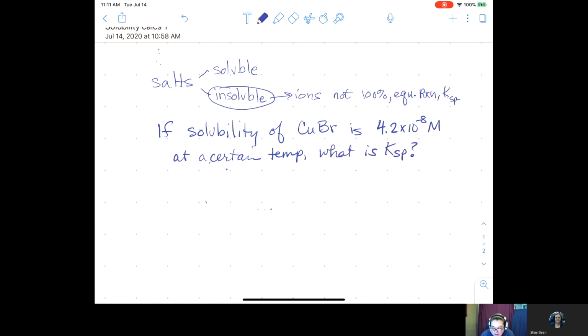So the solubility of that insoluble salt tells you how much dissolves.